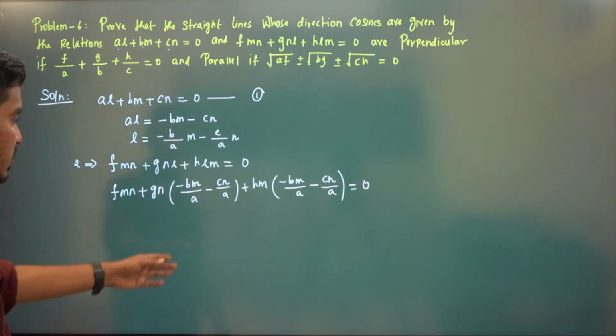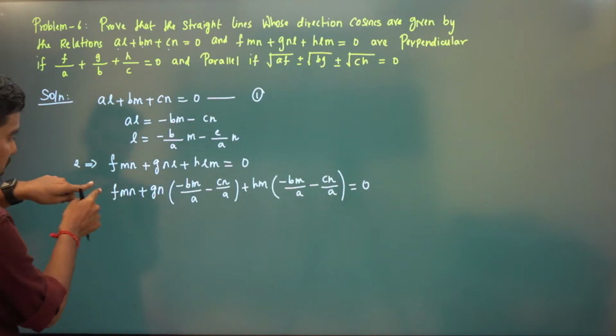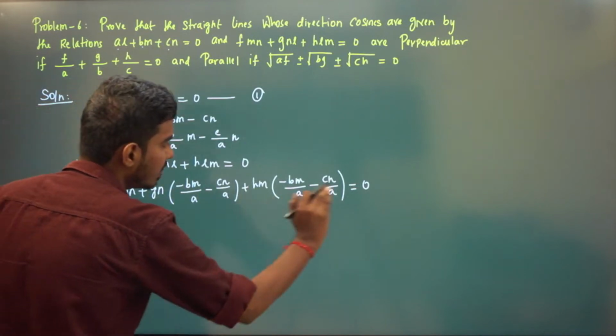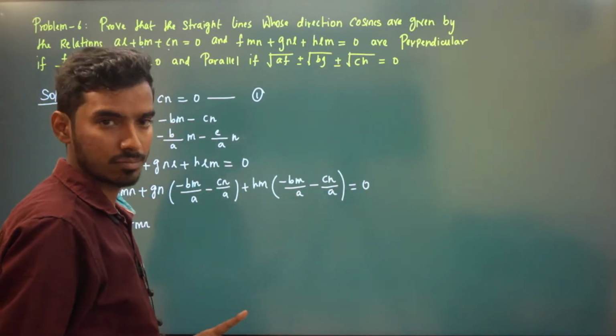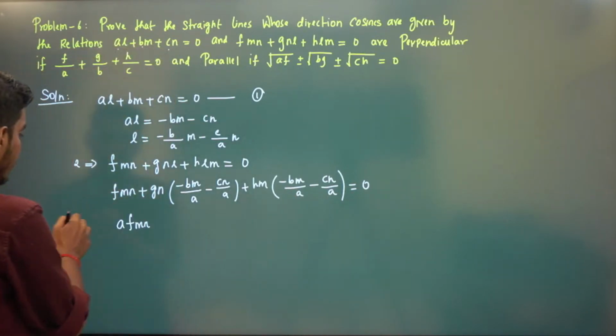Now what we will do is we will just take LCM with A. So we will have AF into MN, and for that we will have the whole divided by A. Take that A here. So the entire A in the denominator will vanish, right? Just taking LCM.